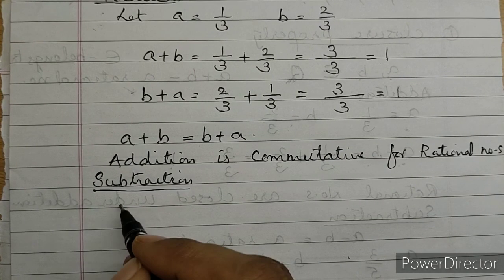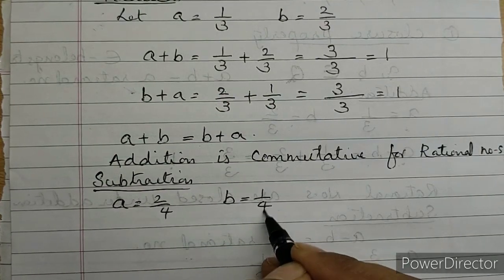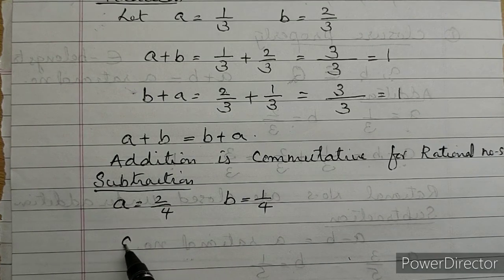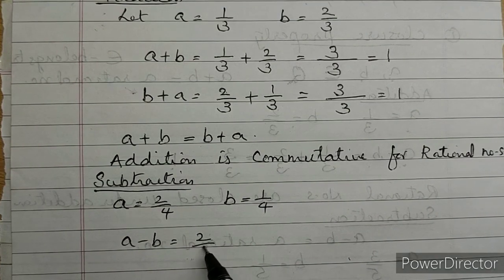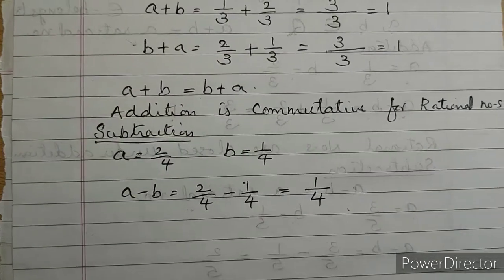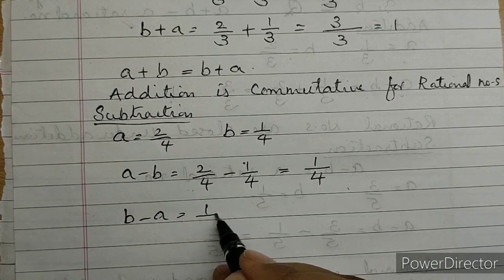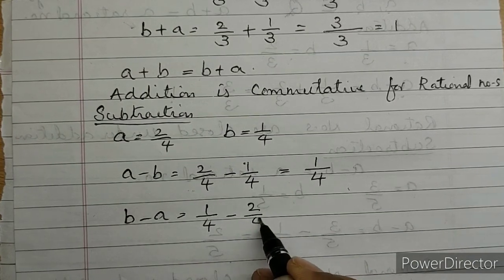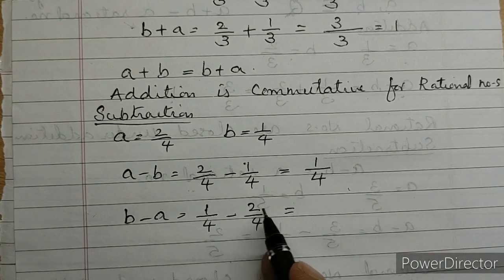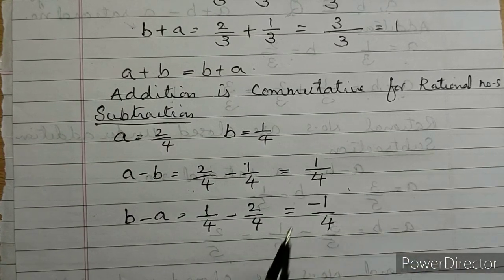We will take one example. Let a is equal to 2 by 4 and b is equal to 1 by 4. So a minus b equals 2 by 4 minus 1 by 4, which is 2 minus 1, 1 by 4. Now next check b minus a. Change the position, 1 by 4 minus 2 by 4, which is equal to 1 minus 2 is negative 1 by 4.